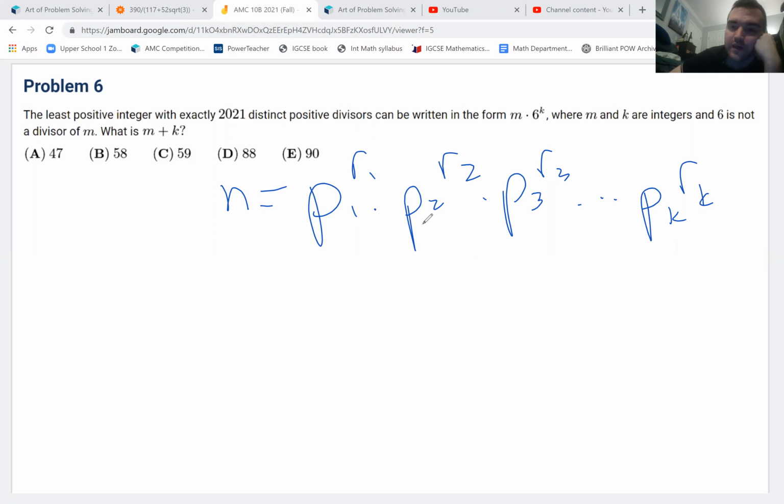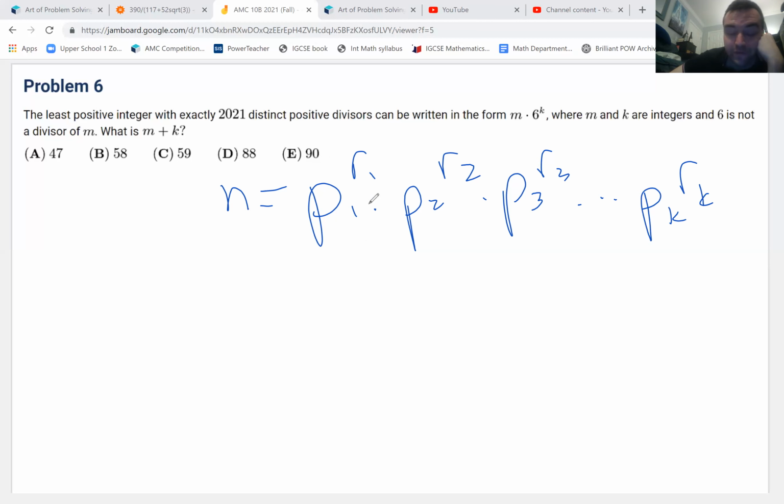Same thing for p2: you can take 0 p2s, 1, 2, 3, up to r2. So from anywhere from 0 to that power, you can take that many of that prime multiplied to make your factor. I hope that makes sense. It's a little bit hard to explain, but it's intuitive if you really think about it.